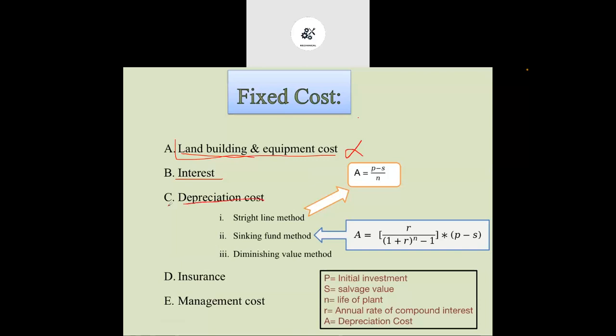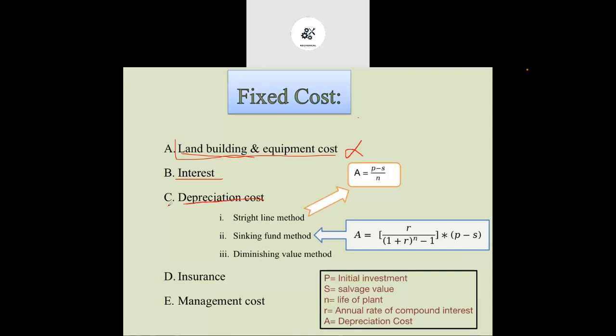Then the next one is the depreciation cost. Depreciation cost is also related to the life of the power plant. As the life of the power plant increases, the value of that power plant decreases, because as time passes, we are using that device. Consider a generator or a turbine generator couple.